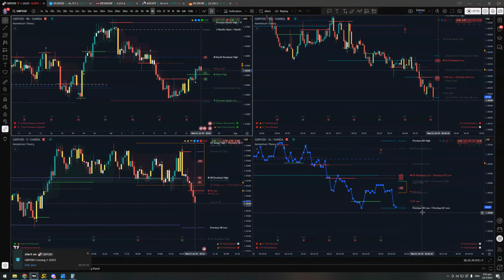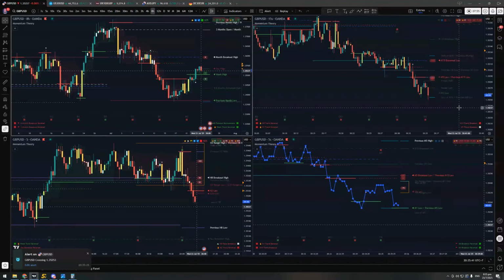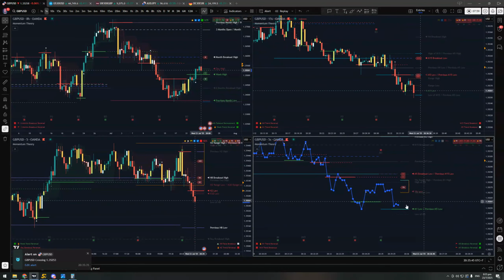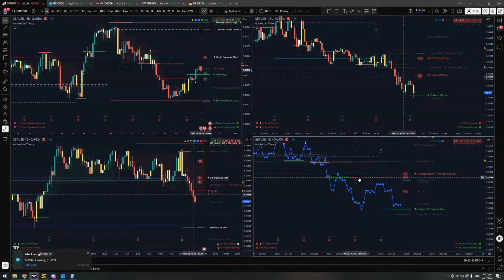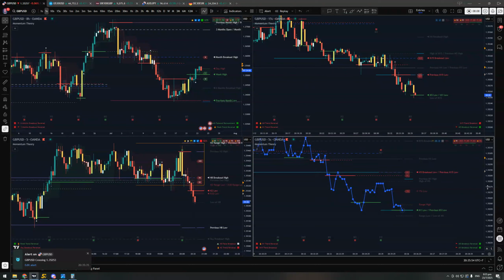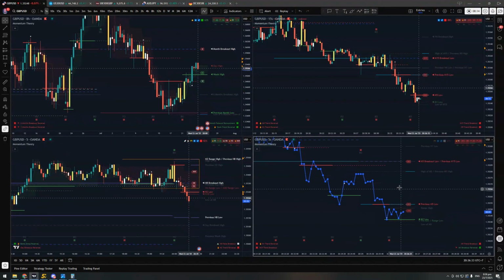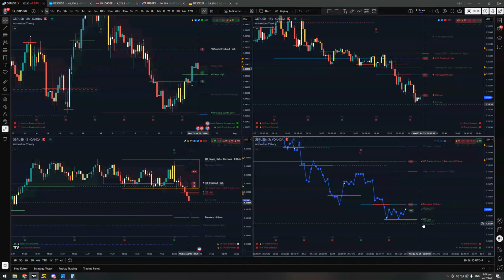Okay, so it's come down. So it's triggered that M1 breakout level still here, so entry is going to be above here. Still no entries. M1 is still bearish.